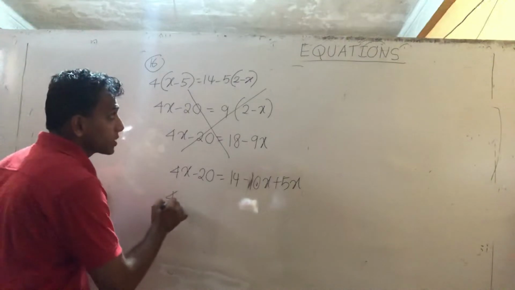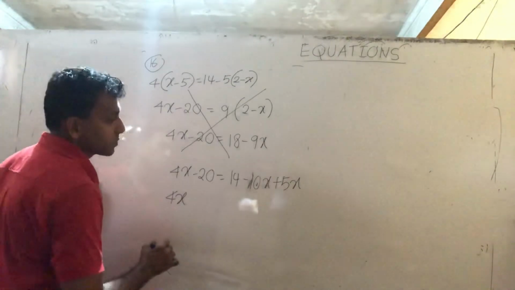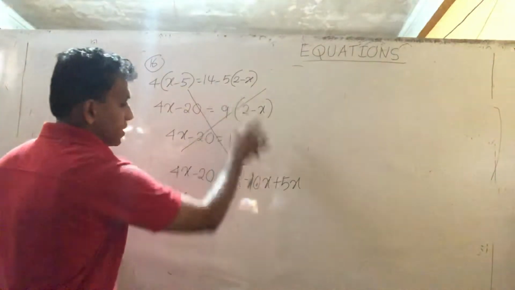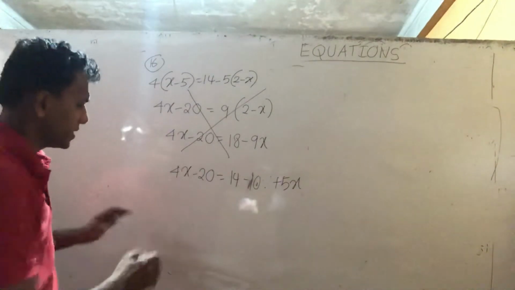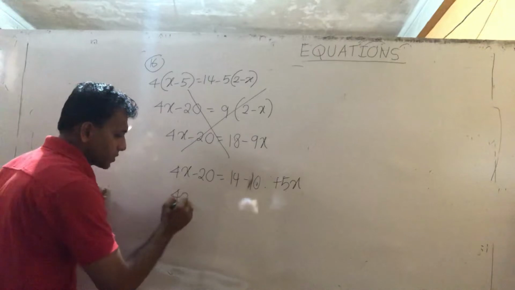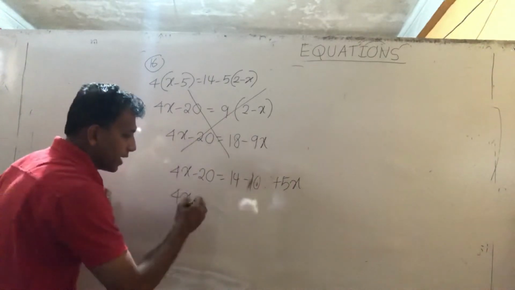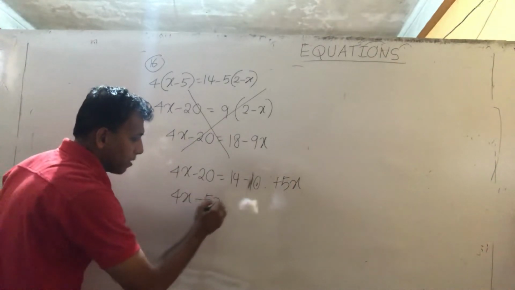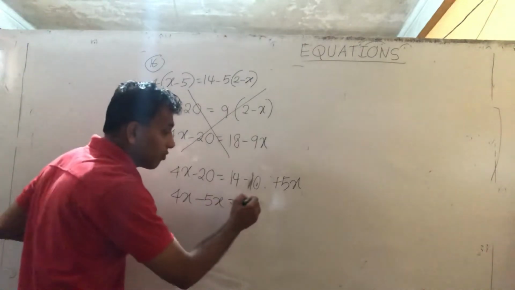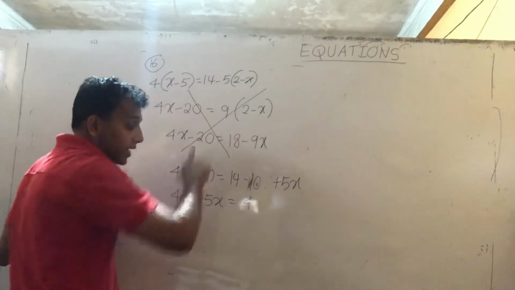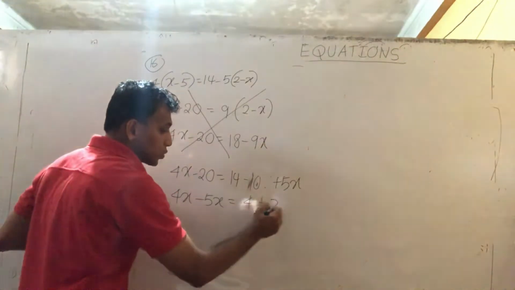Here 4x, where the biggest, I can take this side, 4x. Take the plus 5 this side, minus 5. Wherever you can take, right? 14 minus 10, 4. Take the minus 20 that side, plus 20.